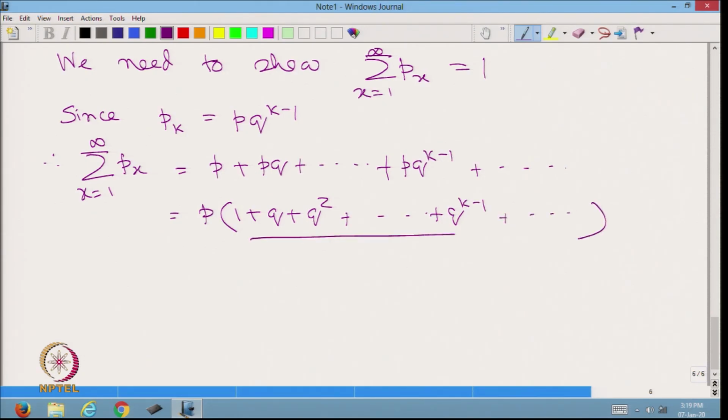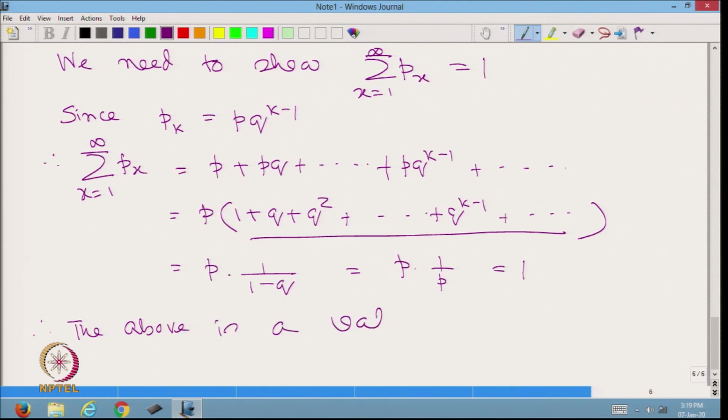Now, this is a geometric series. Therefore, we know that its sum is going to be 1 upon 1 minus q, so it is equal to p into 1 upon p, which is equal to 1. Therefore, the above is a valid probability distribution.